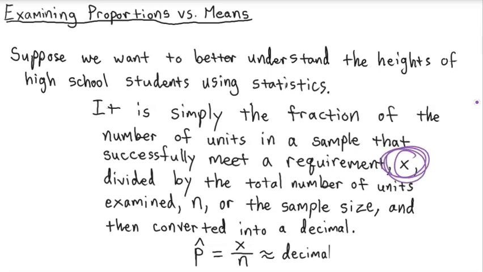So x is the number of successes divided by the total number of units examined, which is n, the sample size, and then converted into a decimal. So the sample proportion, p hat, is equal to x, the number of successes, divided by n, the sample size.